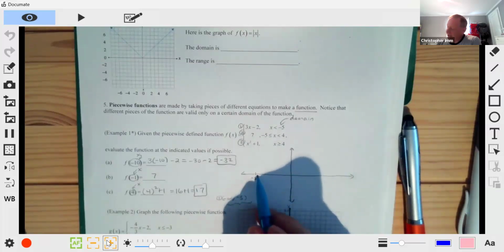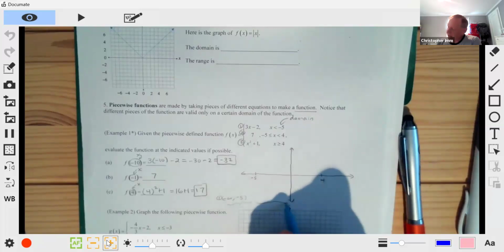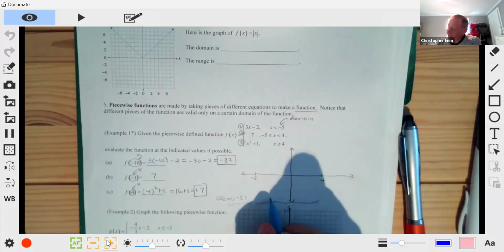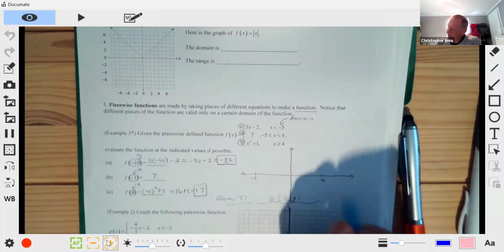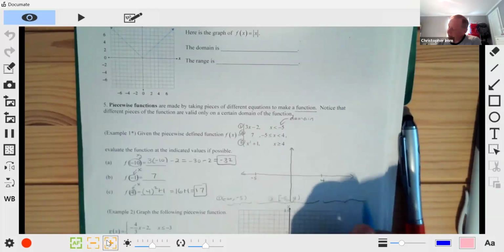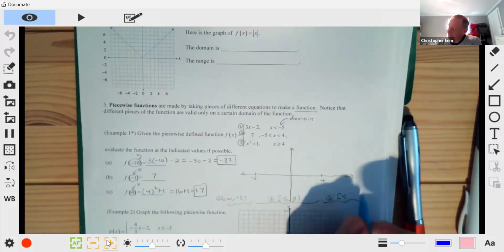And then from -5 to 4, I'm going to plot function number 2. And from 4 on, I'm going to plot function number 3.